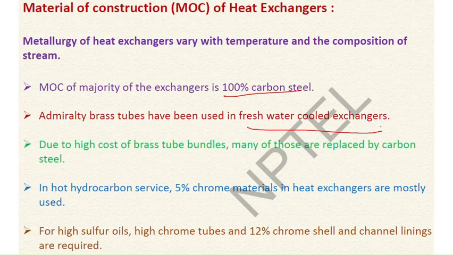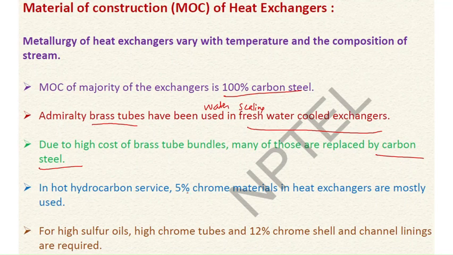Why so? Because Admiralty brass tubes can withstand water scaling. And sometimes, instead of this brass tube, carbon steel is also used. Why so? Because it is cheaper than the brass tube. So that's why sometimes, instead of Admiralty brass tubes, carbon steel is used.